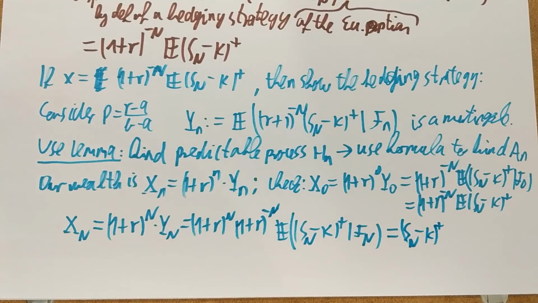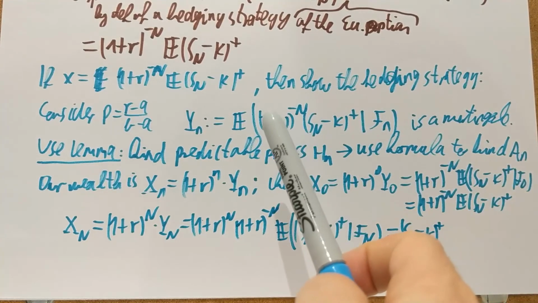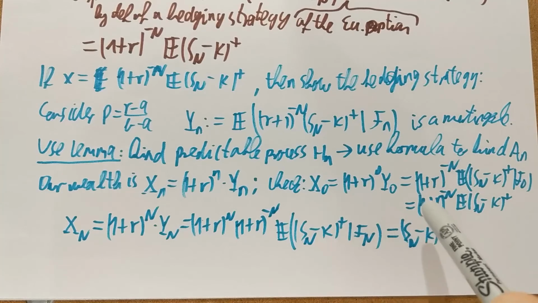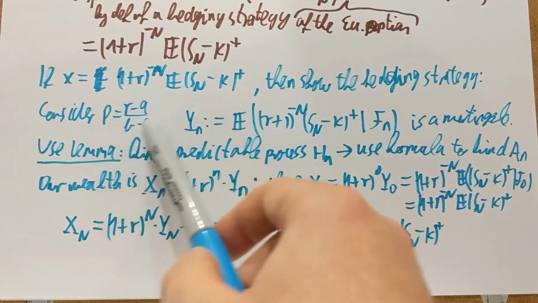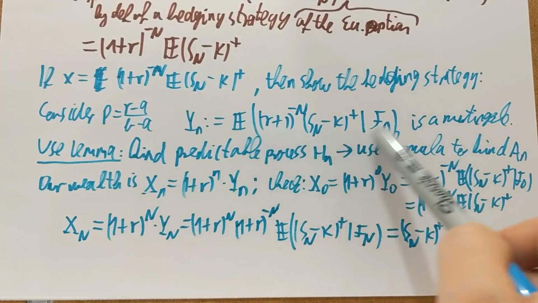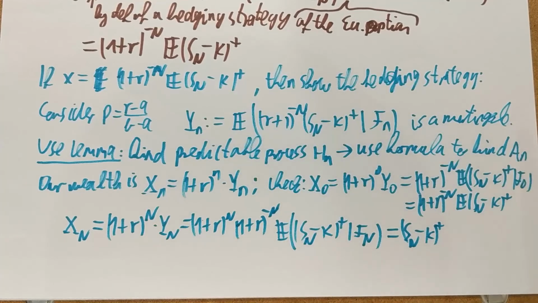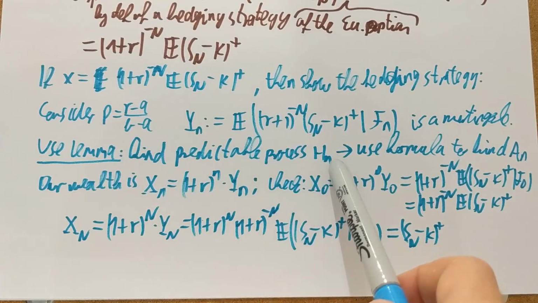Okay. So what did we find? We had this initial value of (1 plus r) to the minus n expectation of (Sn minus K) positive part, and for that we built up a probability space. We found a martingale. From that martingale we found a predictable process.